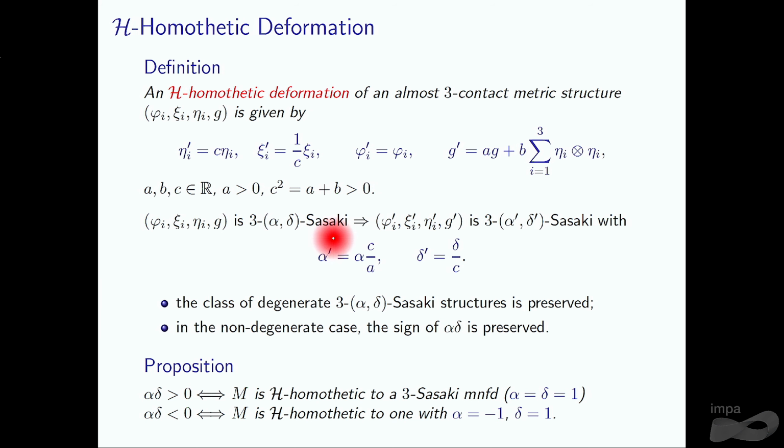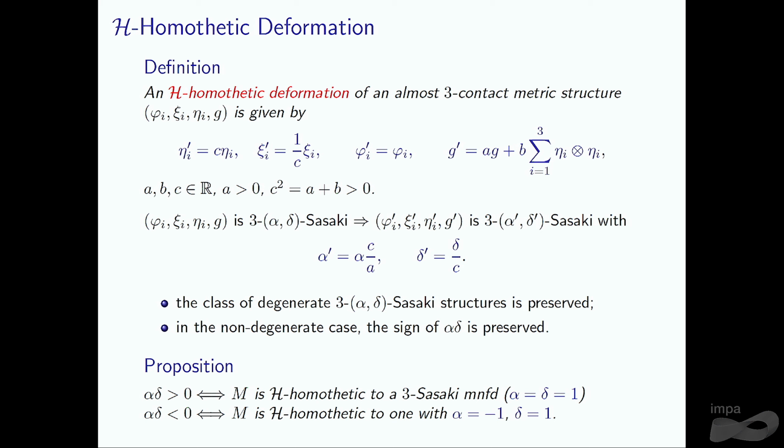So the new alpha is the old one rescaled with C over A, and the new delta is the old delta rescaled with 1 over C. In particular, we realize if delta vanished in your original manifold, then it's going to vanish whatever deformation you perform. So the class of degenerate free alpha delta Sasaki manifolds is closed under these deformations, clearly.